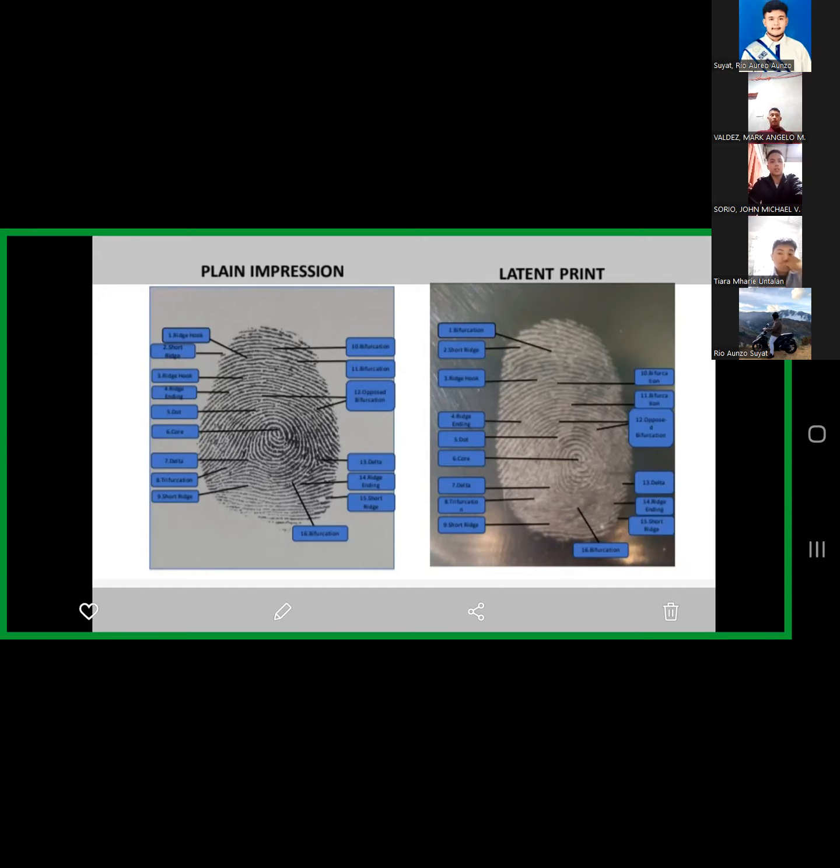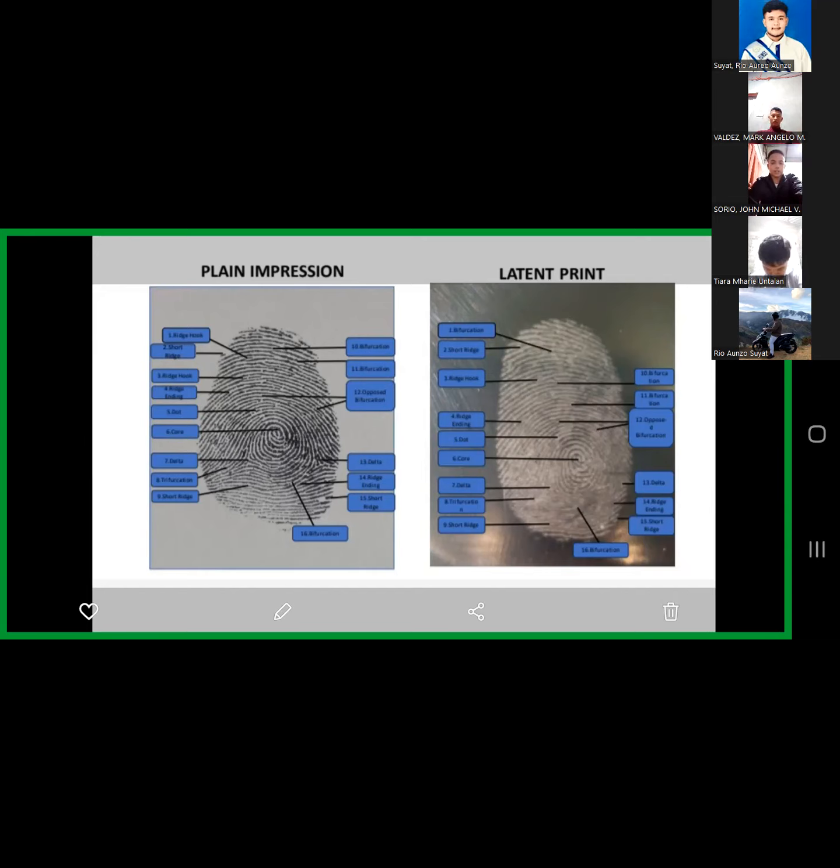Next is short ridge, a ridge of limited length, significantly shorter than the average ridge on the fingerprint. Minutiae patterns are important in the analysis of fingerprints since no two fingers have shown to be identical.